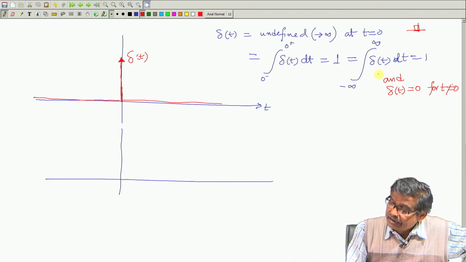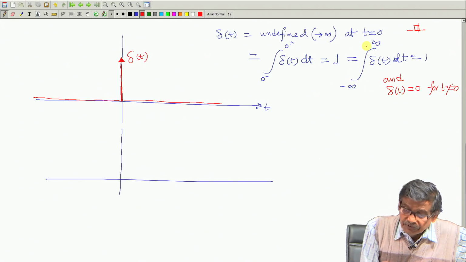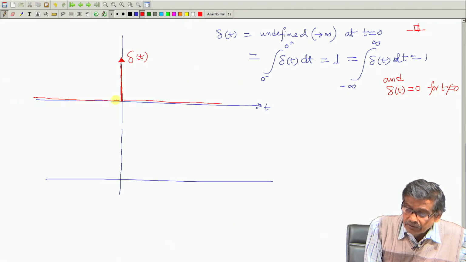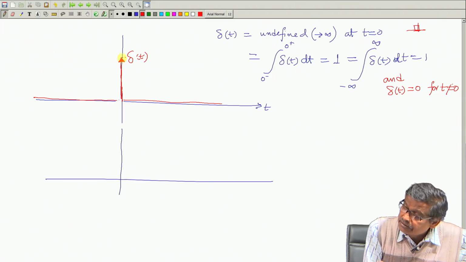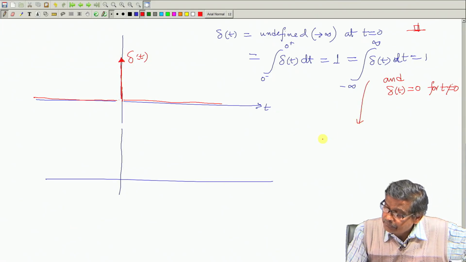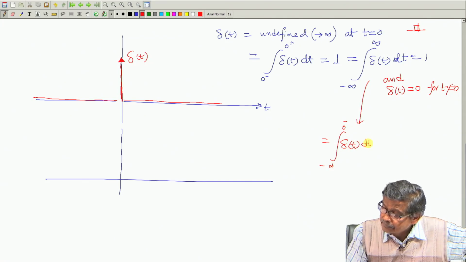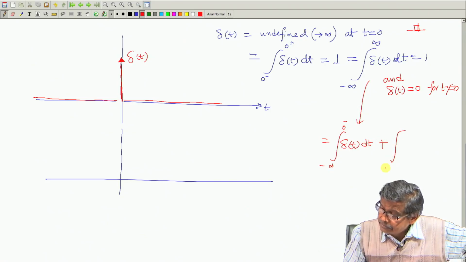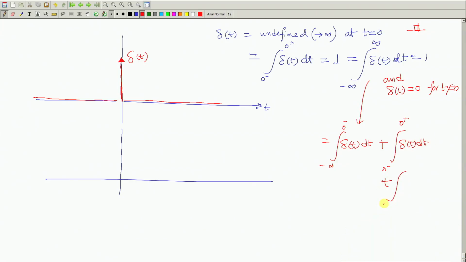So, if you integrate from minus infinity to infinity, that will be 0 up to this point 0 minus, then from 0 minus to 0 plus we have to integrate. So, this one is nothing but the integral from minus infinity to 0 minus of delta(t) dt, plus the integral from 0 minus to 0 plus of delta(t) dt, then plus the integral from 0 plus to infinity of delta(t) dt.